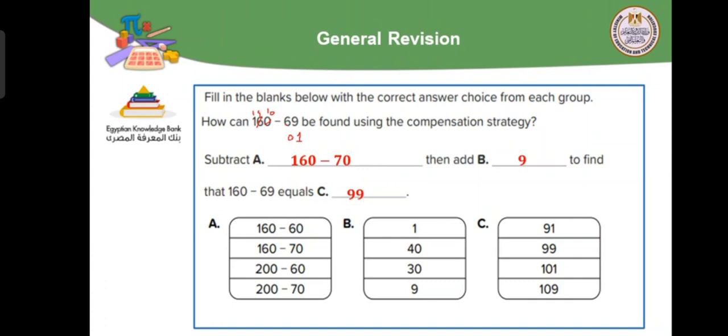So the result here, I'm so sorry about that, will be 91. Because 10 minus 9 equals 1, and 15 minus 6 equals 9.